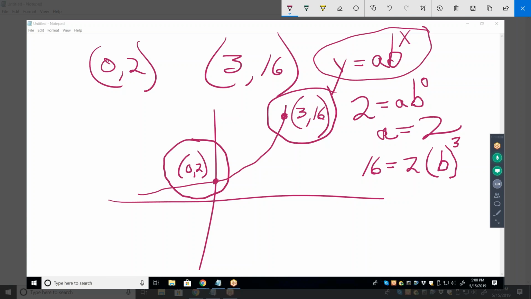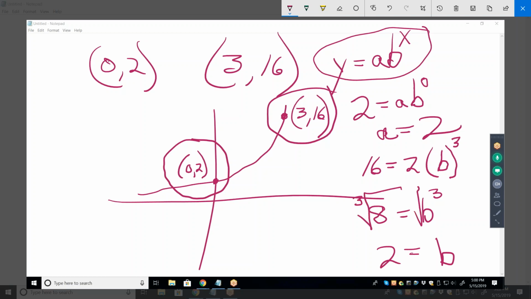Now how do I solve this? So you divide 16 by 2. Very good. And then b equals 2. What's the step that gets you to that? The cube root. Exactly. In other words, what you're doing is you're taking the cube root of both sides.